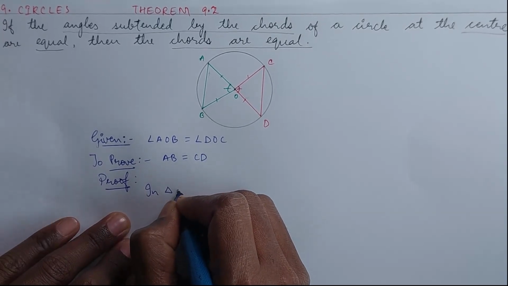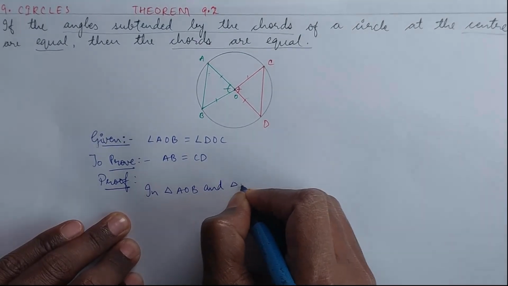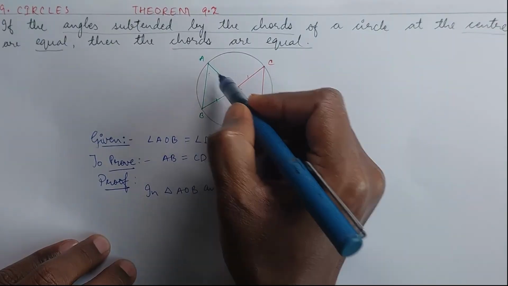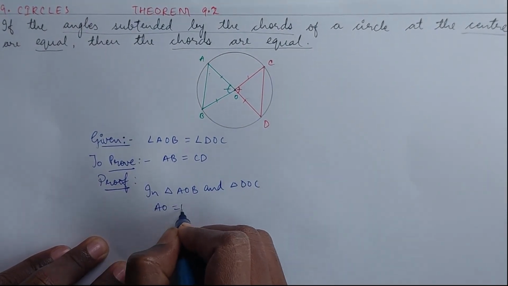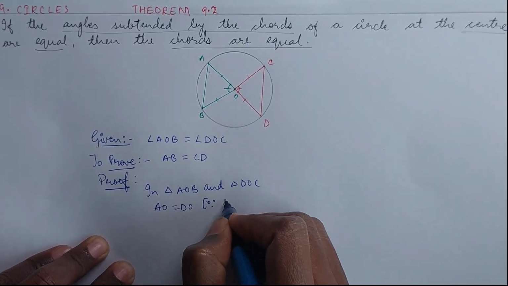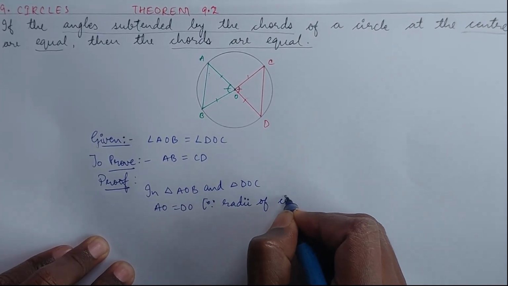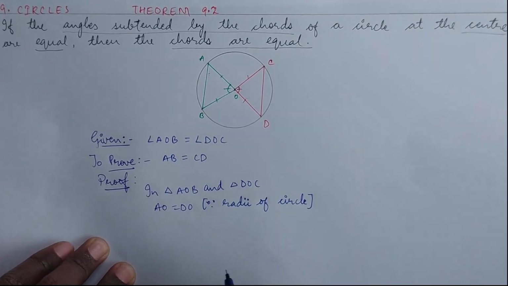In triangle AOB and triangle DOC, we can say that AO equals DO because the reason is they are radii of circle, plural of radius is radii.